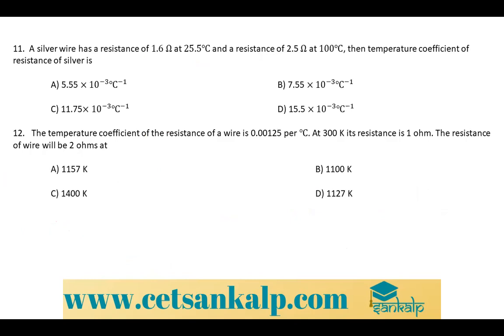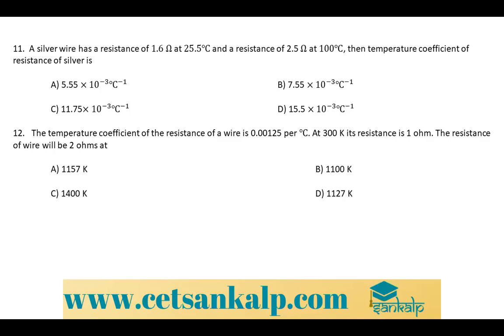A silver wire has a resistance of 1.6 ohm at 25 degrees Celsius and a resistance of 2.5 ohm at 100 degrees Celsius. The temperature coefficient of resistance of silver.